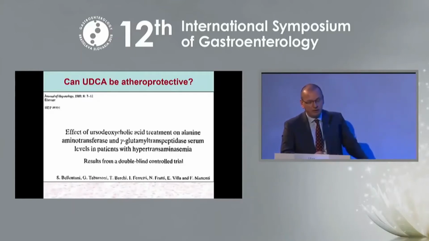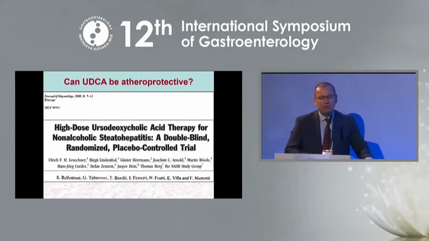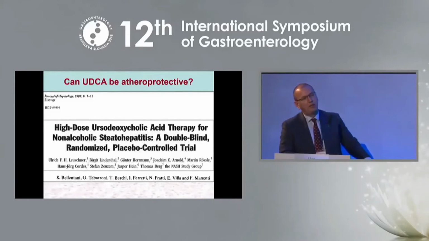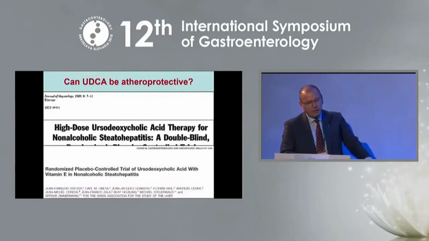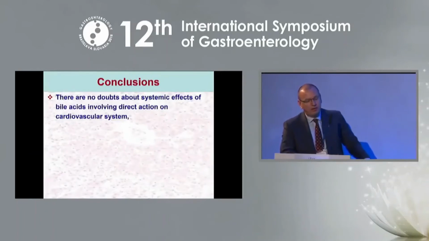But we are still waiting for further studies. There are a few examples of studies in which a decrease in liver function test activities with UDCA was documented. There are many others.